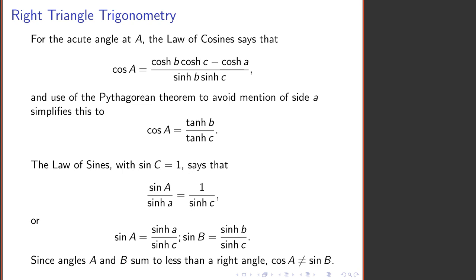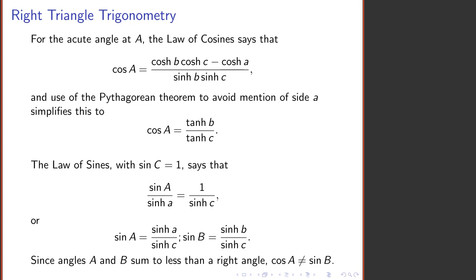For the law of sines in a right triangle, I just note that the sine of a right angle is equal to 1. So sine capital A over sinh little a is sine of capital C, which is 1 over sinh C. I solve this for the sine of A, and I get a ratio of hyperbolic sines.